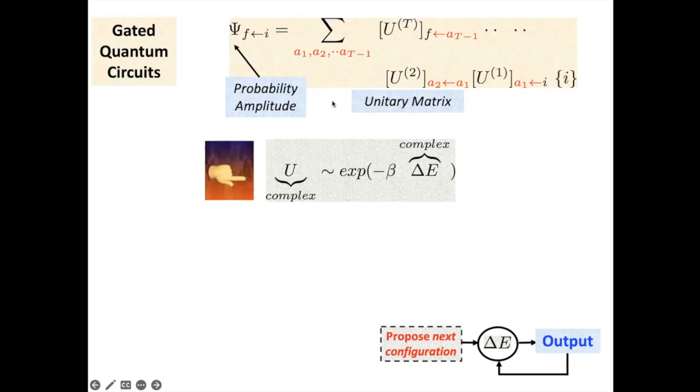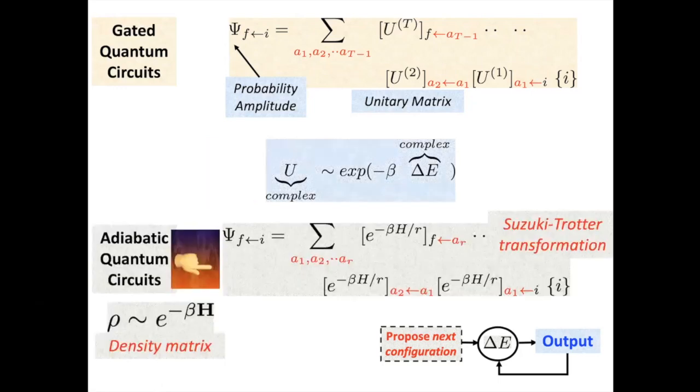But you could view it again as a Boltzmann machine. It's just that now the elements here are complex. And so if you try to write it in terms of an energy function, that energy function would be complex. So it is as if you have a Boltzmann machine with complex energies. Now, that's gated quantum computing. And then there is another branch, which is adiabatic quantum computing, where you want to find this density matrix, e to the power minus beta h being a matrix.